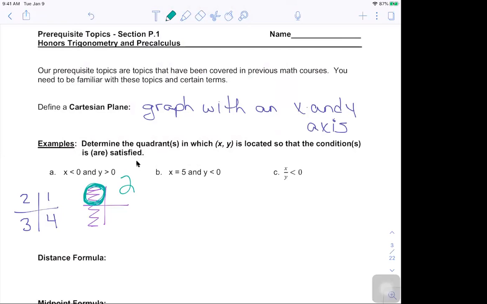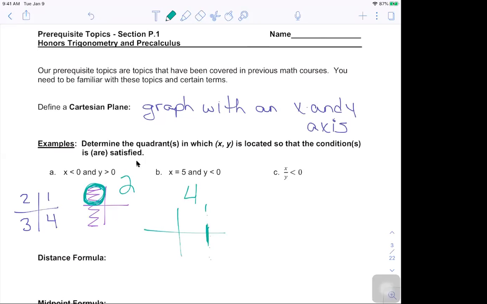Where would this point be located, Jack? That would be quadrant 1. Or wait, no, quadrant 4. Quadrant 4, right. So x is 5 somewhere over here, but it's 5 on that whole line. And then less than 0 will be quadrant 4.